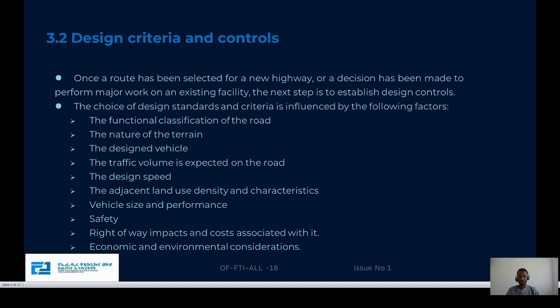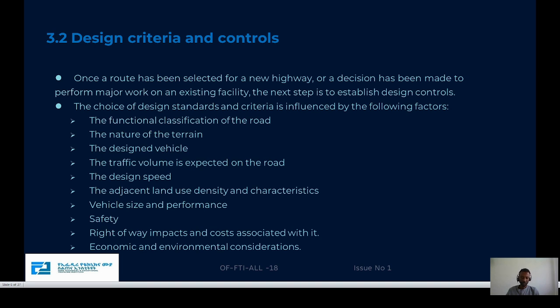The first is the functional classification of the road. In Ethiopia, the ERA manual classifies roads functionally into five major parts: trunk road, link road, access road, collector, and lastly feeder roads.